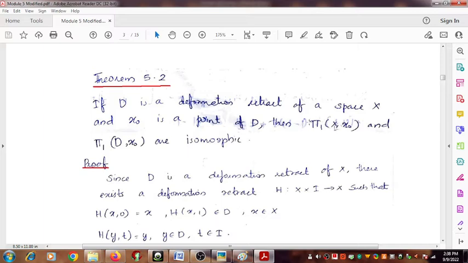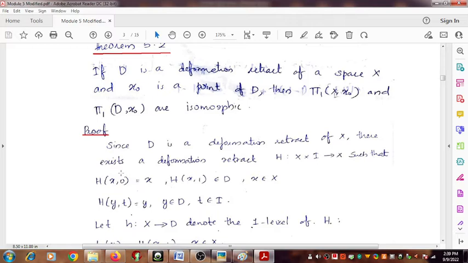In essence, we have two fundamental groups, one related to the given space and the other related to the subspace, and these two fundamental groups are isomorphic. That means they are same, they behave same.